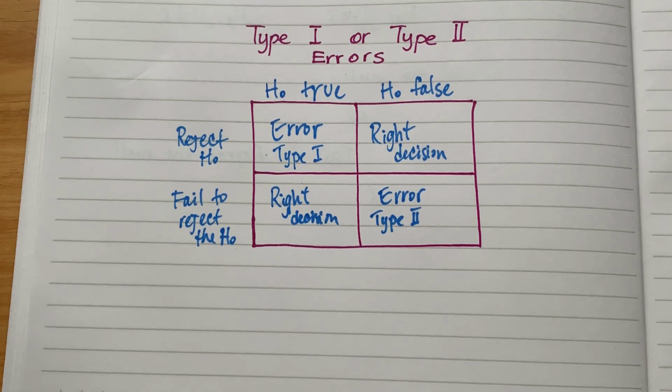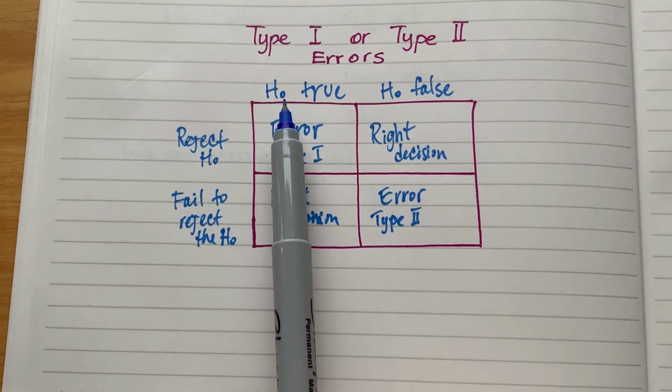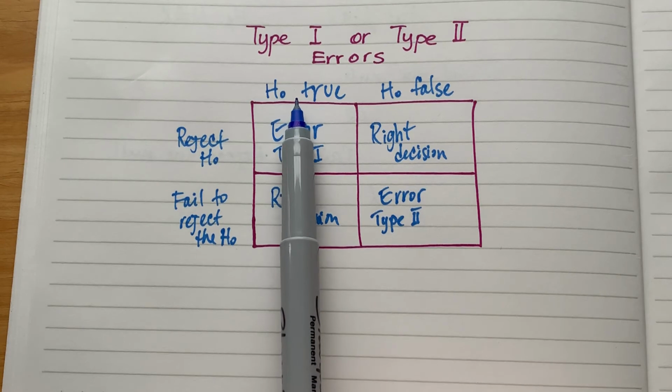So the verdict needs to be guilty for a guilty person. If a person is guilty, then I need to prove that this person is not innocent, so I need to reject innocence.